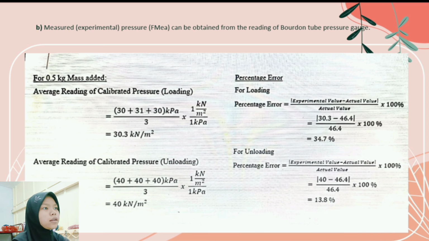Then we calculate the percentage error for both loading and unloading with the formula: percentage error equals the modulus of the experimental value minus the actual value, divided by the actual value, times 100%. We get 34.7 percent for loading and 13.8 percent for unloading.